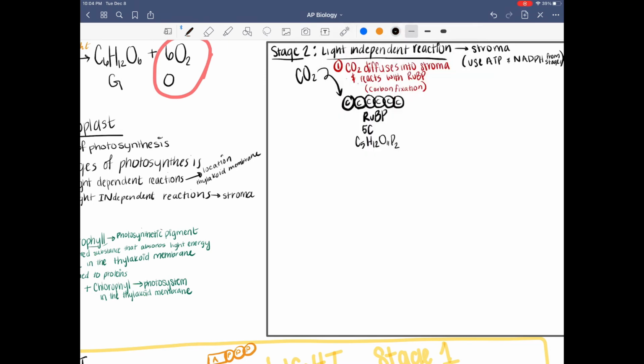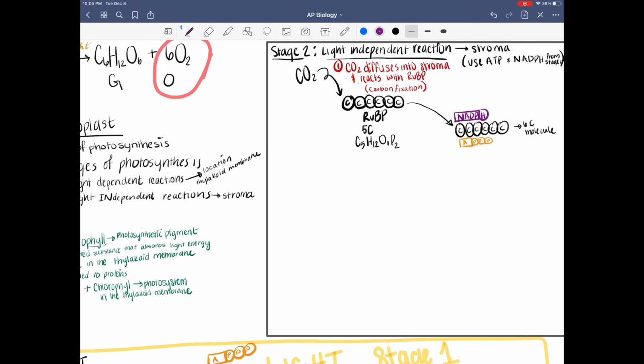Now that we have a 6-carbon molecule, this is where our NADPH and ATP will come in. The ATP and the NADPH are going to help break this 6-carbon molecule down into 2 3-carbon molecules.